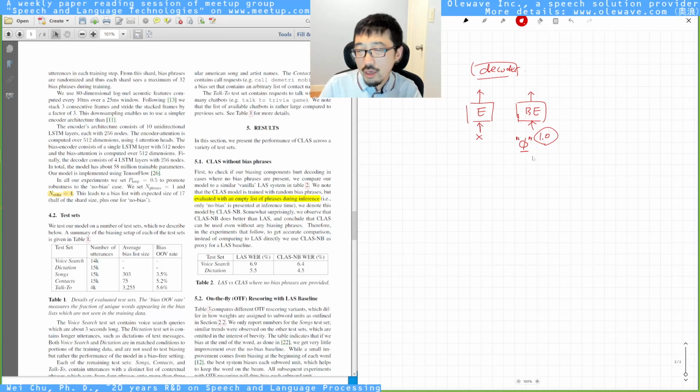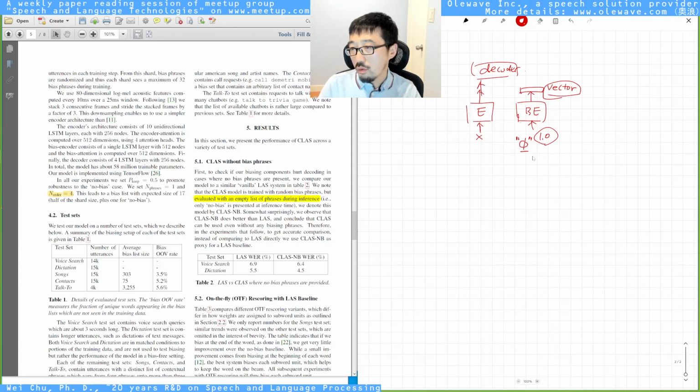And so the bias encoder will generate an output vector, and the vector won't be all zeros. There should be some vector with some valid numbers.